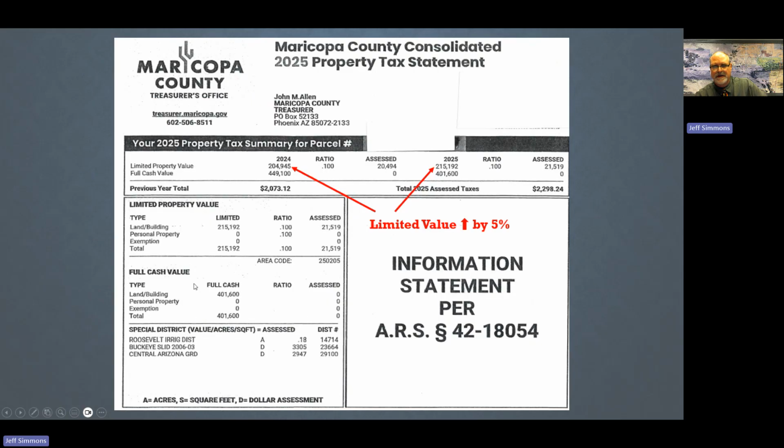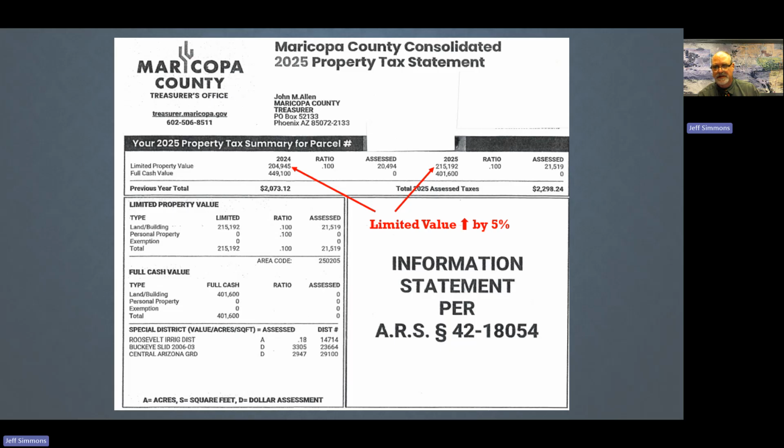So how this breaks down, a community member was nice enough to give me their property tax statement. This is from Blue Horizon neighborhood and community. So you'll see their limited property value, which is what the school taxes are based on. You'll see in 2024, the limited property value was 204,945, and it went up in 2025 by 5% to 215,192.